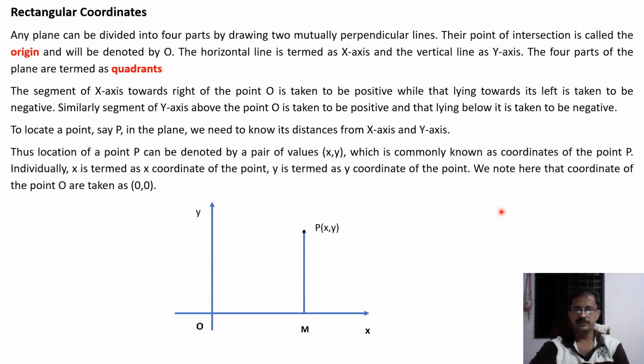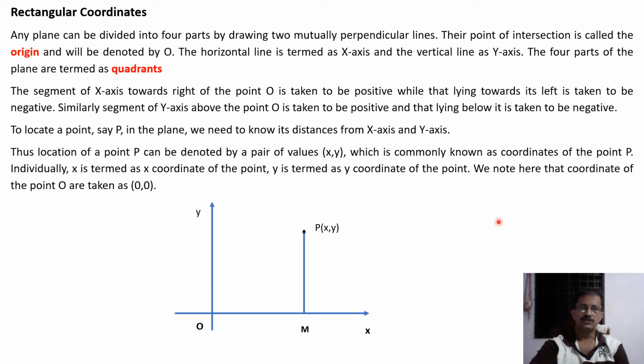That point is called the origin, and we denote it by the letter O. The horizontal line is termed the x-axis and the vertical line the y-axis. And the four parts we obtained are called quadrants: first quadrant, second quadrant, third quadrant, fourth quadrant.